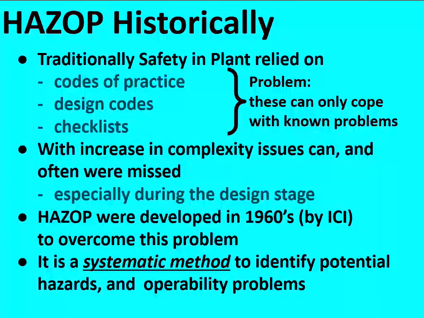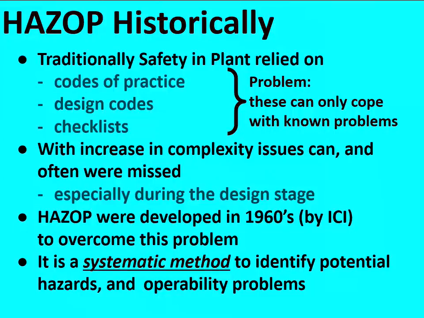That was the problem. In the second half of the 20th century, a lot of plant, and I'm talking about process plant, but it could be any kind of plant, increased in complexity an awful lot. And once that complexity increased, people found it very hard to see if there were any hazards in the system. And it became almost impossible.